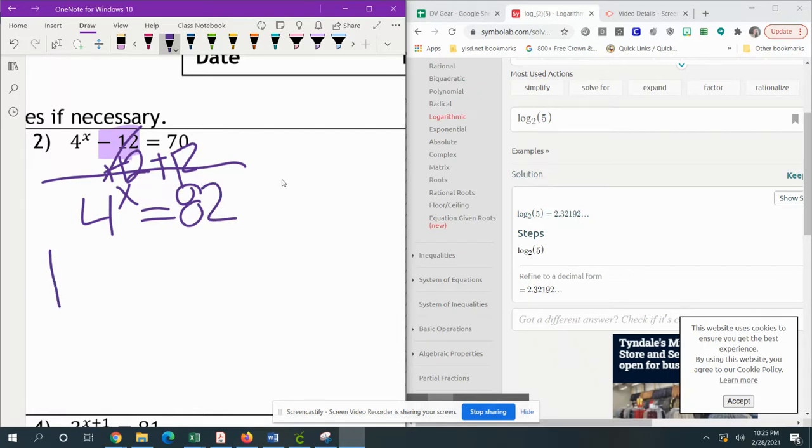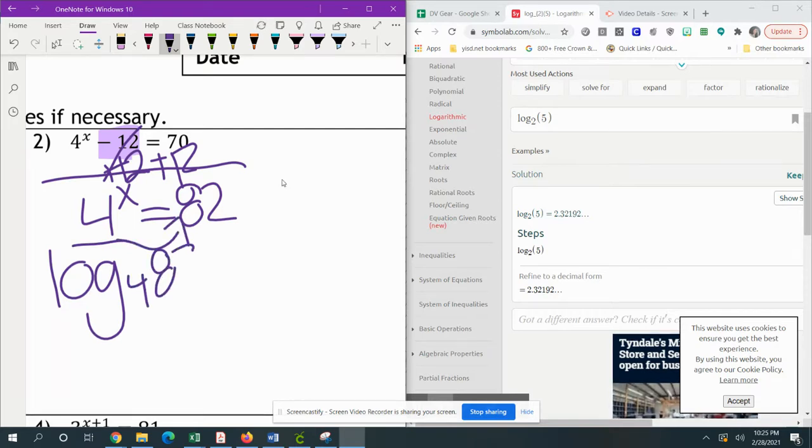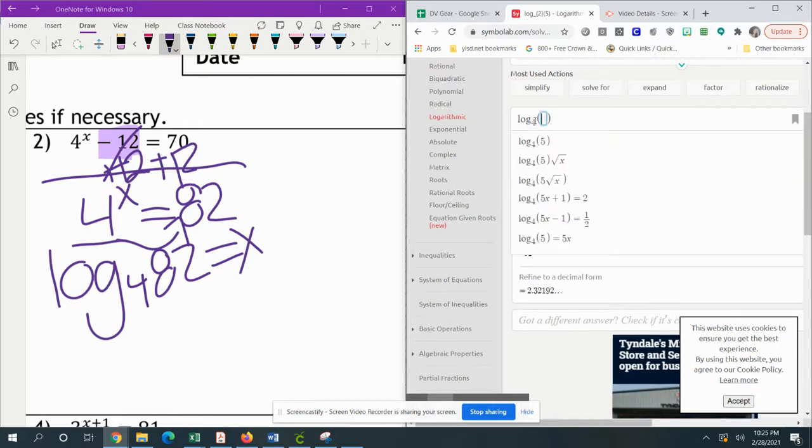Now I can write it in log form. So we go log, our base here is 4, of 82, equals our exponent, which is x. Then in my calculator, I'm going to put log base 4 of 82, and we hit enter.